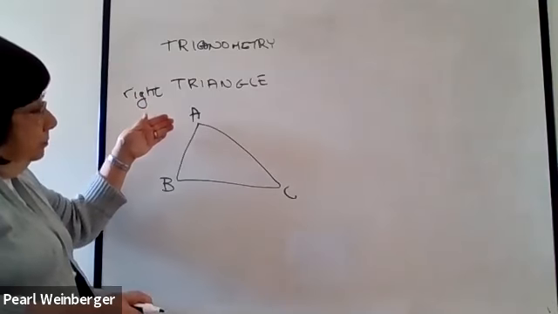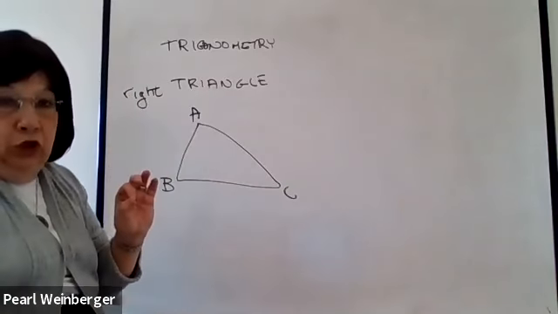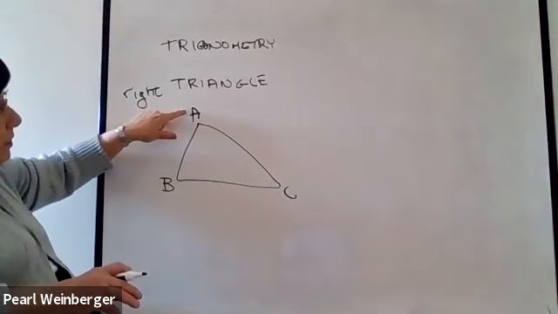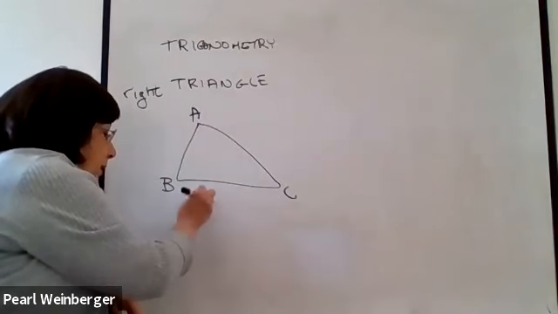And the sides can be labeled in two ways. One way is if I want to talk about this side, I could say find side AB.